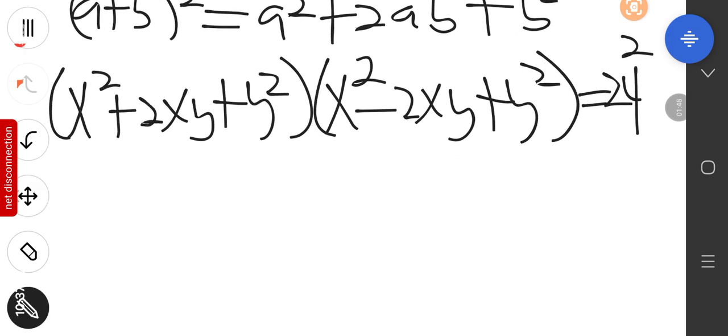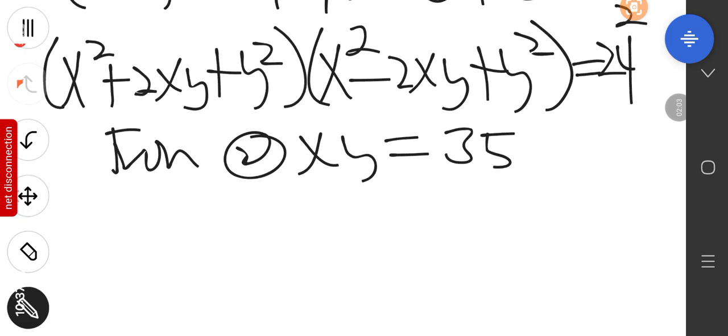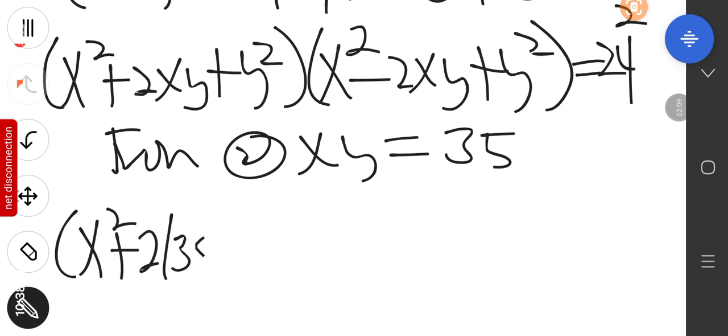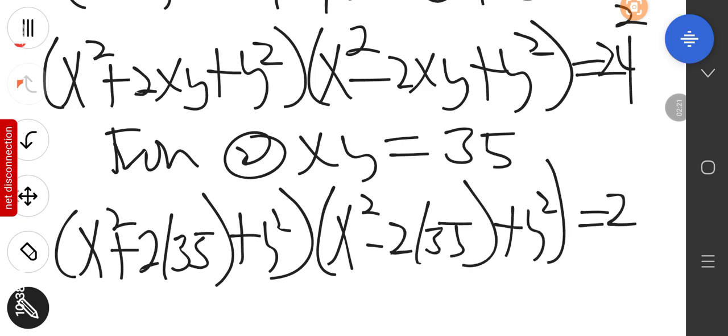Now, from equation 2, xy is given as 35. So wherever we see xy in our equation, we put 35. So you're going to have x squared plus 2 times 35 plus y squared, and then here you're going to have x squared minus 2 times 35 plus y squared equals 24 squared.